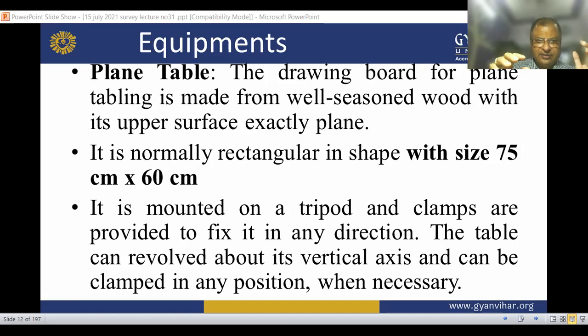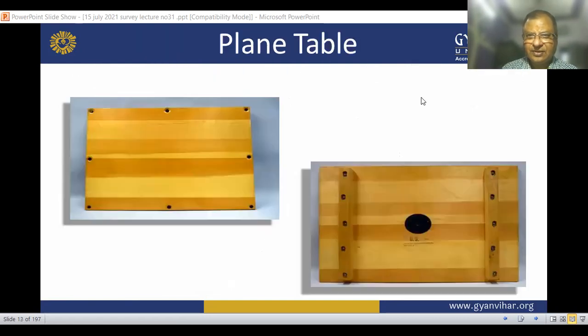It is mounted on the tripod, and clamps are provided to fix it in any direction, so the table can revolve about its vertical axis and can be clamped in any position when necessary. This is the plane table. Okay, clear. This is the top side. This is the bottom side.